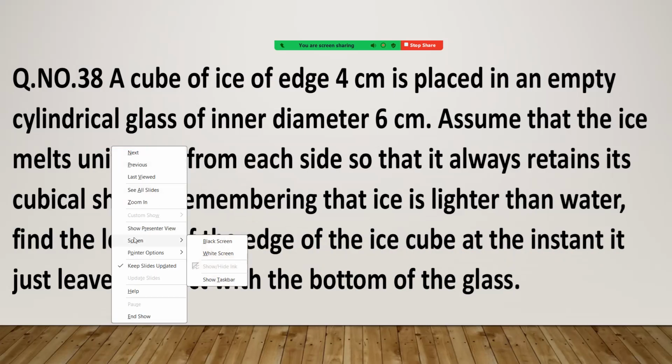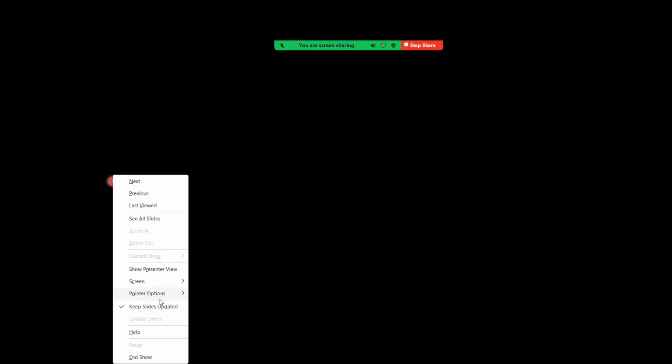Let us see first of all the given data. First focus on the question given, the data given. A cube of ice of edge, so take it as a, that is given 4 centimeter, placed in an empty cylindrical glass of inner diameter 6 centimeter.